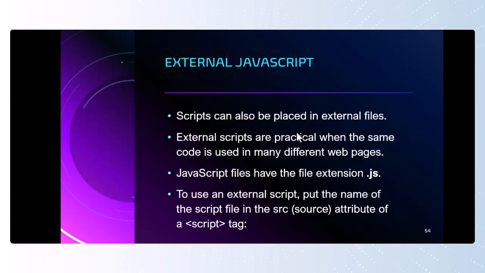External JavaScript: you can also create external files, and external scripts are practical when the same code is used in many different web pages. And the extension would be .js. And to use the external script, you would have to put a link to it, with the src attribute.